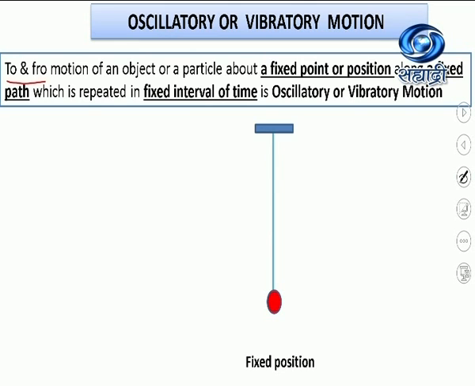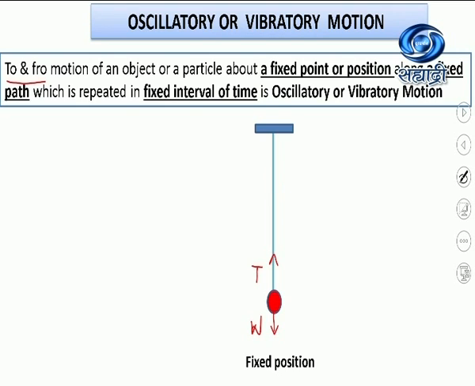Now, why is it called a mean or equilibrium position? Because of the forces acting on the bob of the pendulum. One of the forces acting on the bob along the string is the tension, which is directed towards the point of suspension. The weight of the bob, say W, is acting in the vertically downward direction.